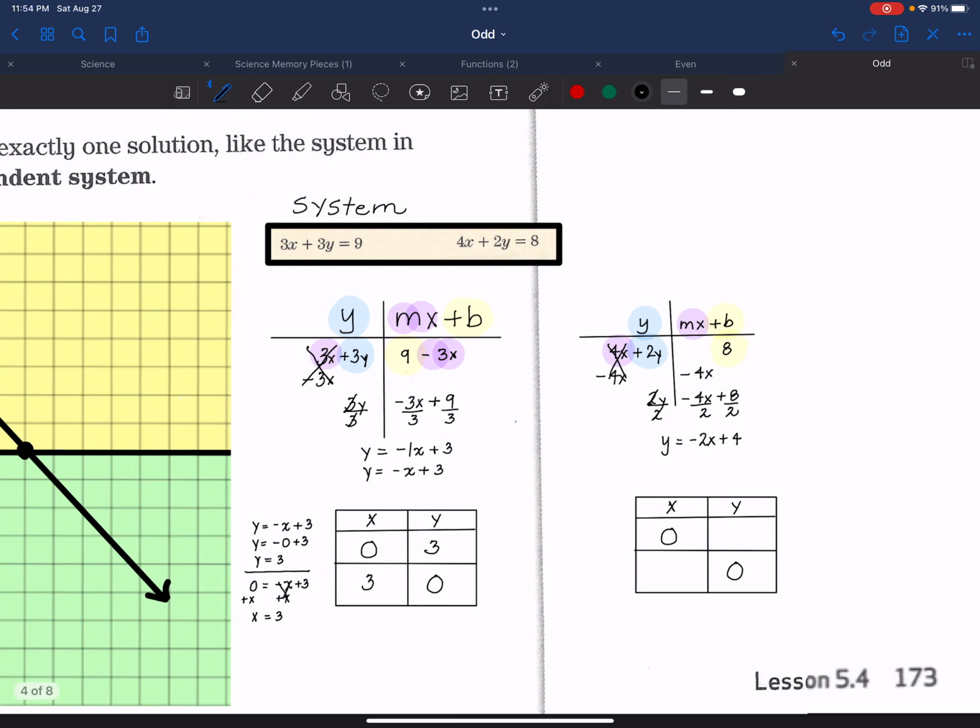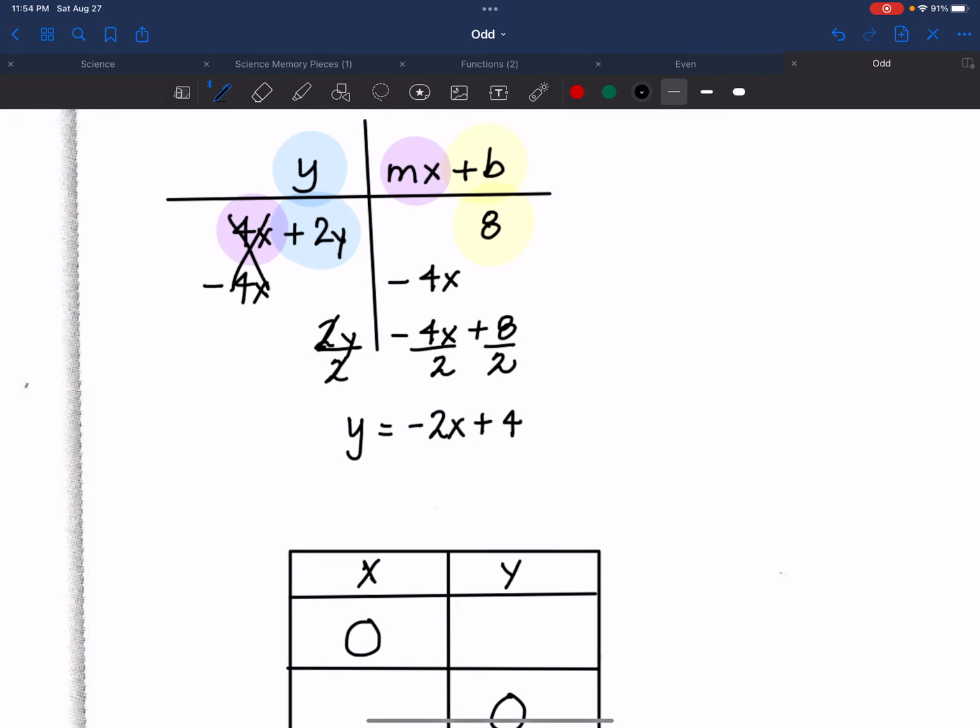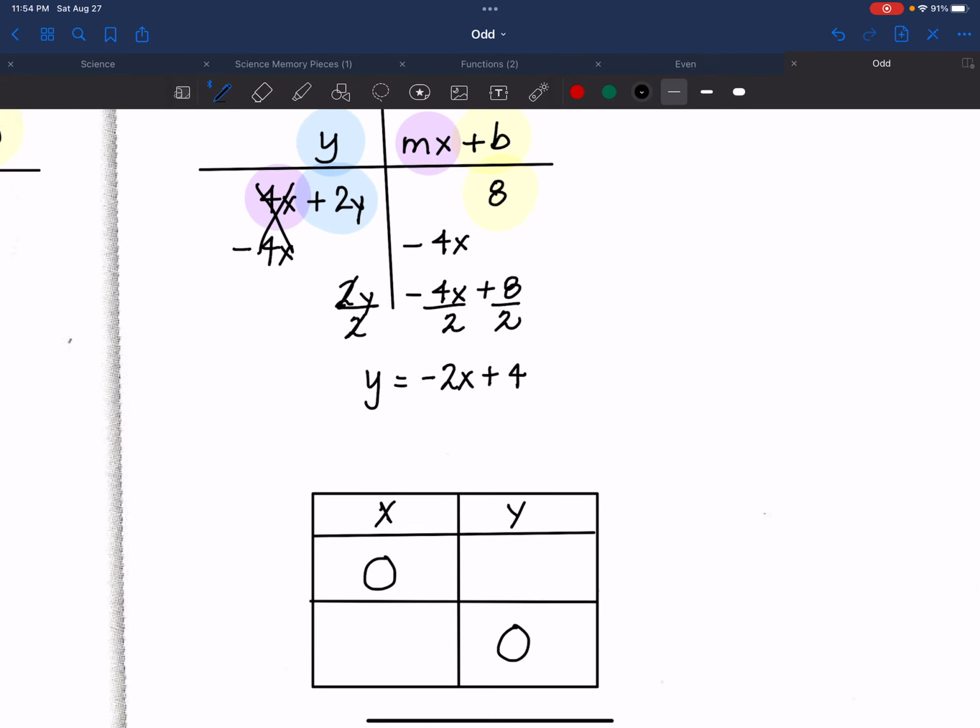Now, let's do the other one, the other part of the system. So this one is y equals negative 2x plus 4. So it will also have a negative slope. And I'm going to plug in that negative 2 times 0 plus 4.